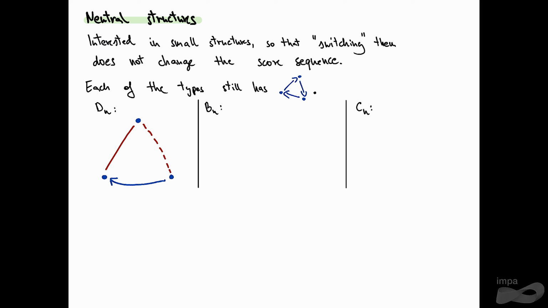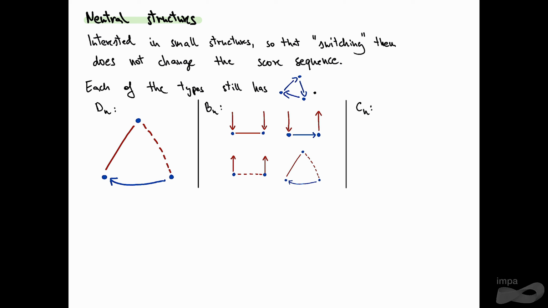Now type B. Let me recall that in type B, I have competitive, collaborative, and solitary games. So I have the cyclic triangle, I have this balanced triangle, but I also have 3 kinds of triples that look like that. Every solitary game was worth half a point, and every collaborative or competitive edge was giving plus half or minus half to a player.